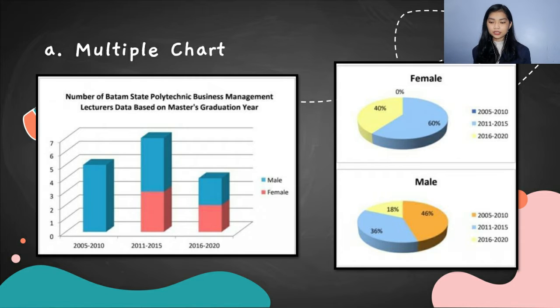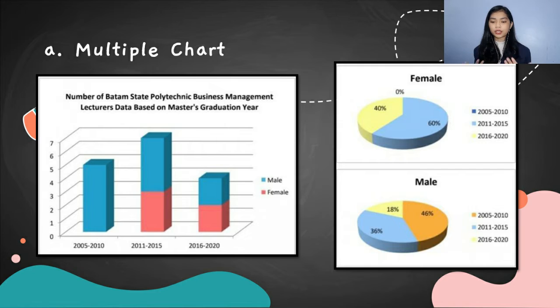On the female pie chart, the larger share belongs to the years 2011 until 2015, which are marked with a blue slice. As for the male pie chart, the largest slice was in 2005 until 2010 with a percentage of 46%. The smallest percentage, 18%, is marked with a yellow slice. And this slice represents the number of lecturers who completed their master's degrees in 2016 until 2020.